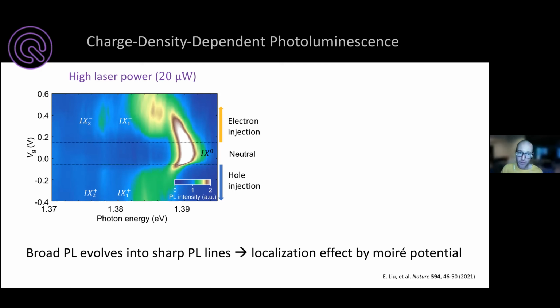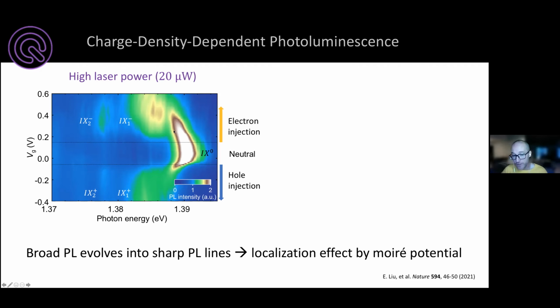And one thing to note about these features is that they don't really disperse with gate voltage. They're essentially steady with gate voltage. Another way to say it is that they're vertical in this plot. Whereas usually what we know about conventional trions is that they tend to have some dependence on the gate voltage, where they actually have a bit of a bending there.